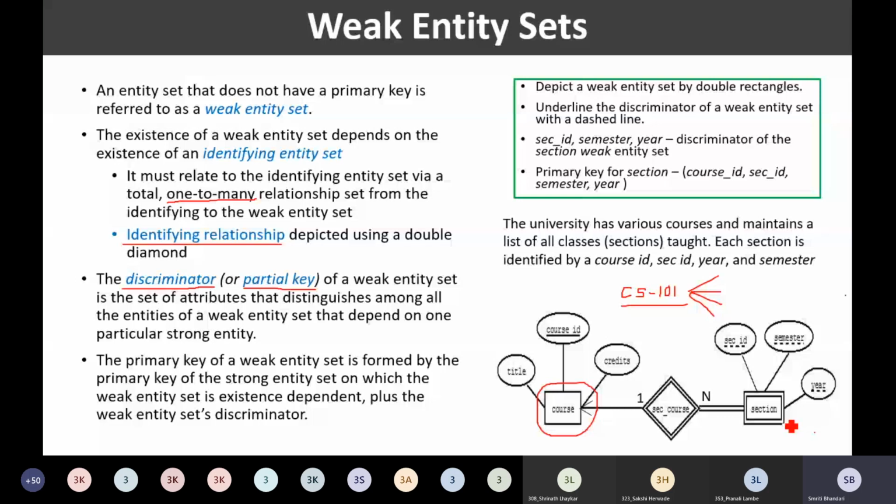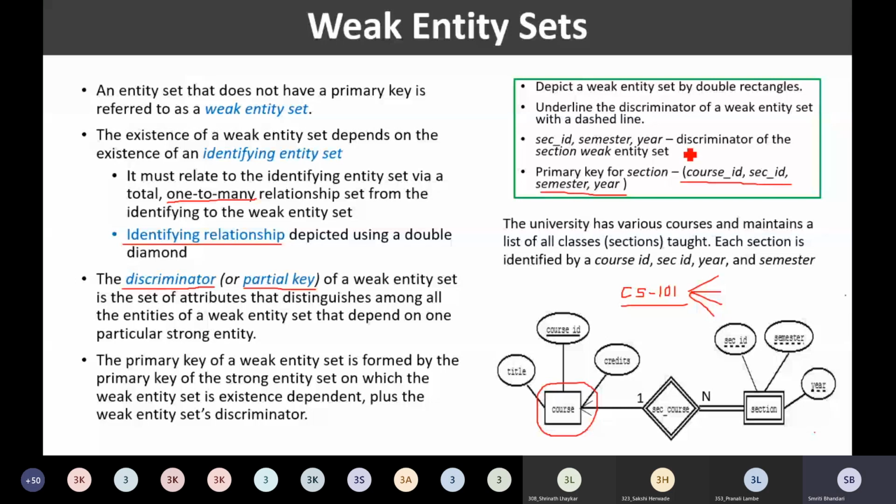So in this particular example, section is my weak entity set, having the partial key described with these three attributes: section ID, semester and year. To form the primary key of section, I'll make use of the partial key of its own plus the primary key of the identifying relationship, that is course. So the primary key of my section would be course ID, section ID, semester and year.